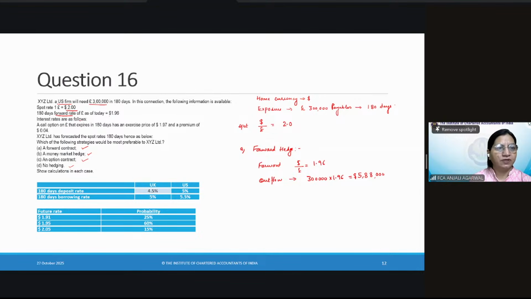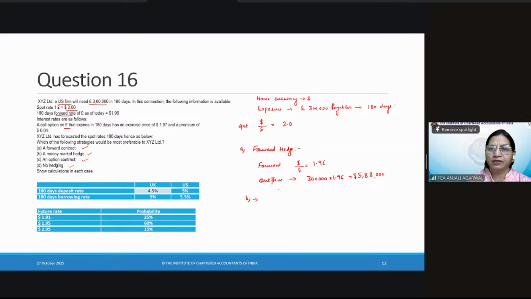Interest rates are also given, and a call option is also available on pounds. So that means if you want to buy or sell a pound, you have to see a call option or a put option. Now here, as your exposure is payables, for call options you will see.